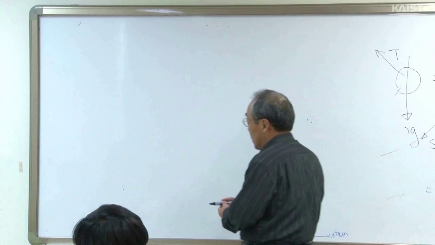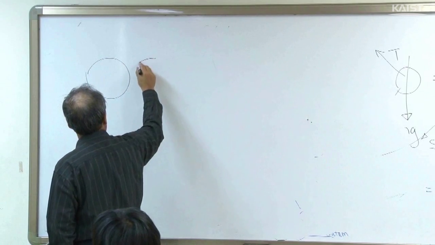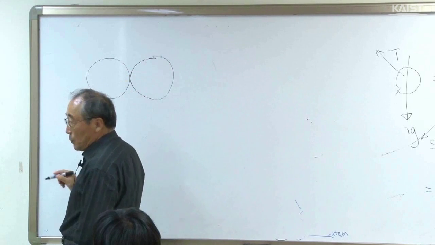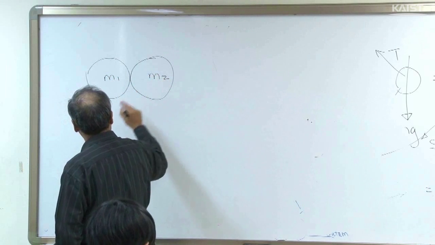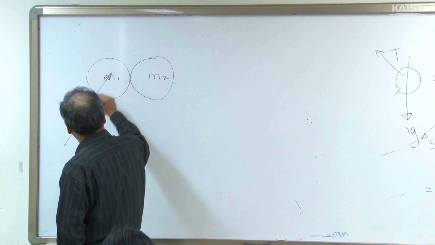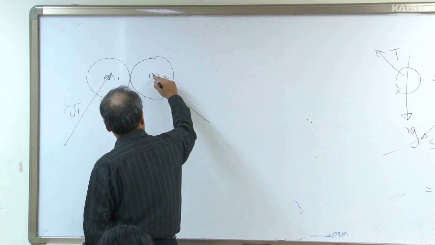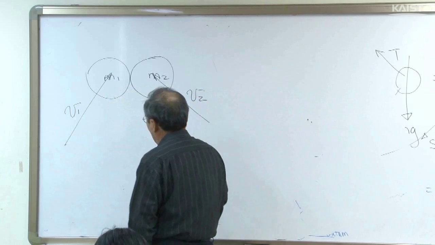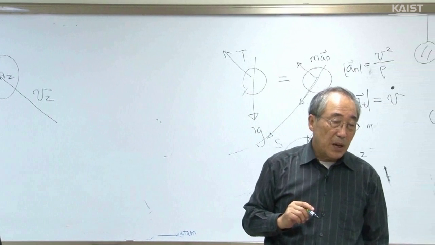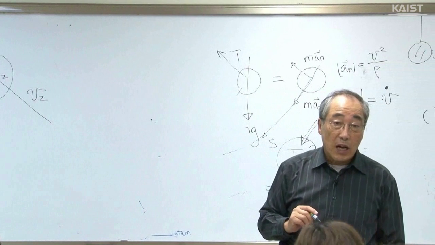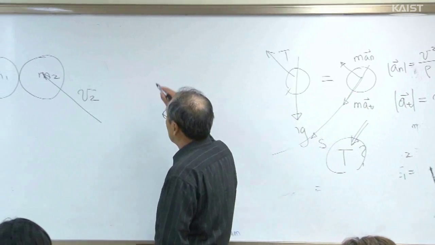Or, before we go to another chapter, let's investigate another tip. Suppose we have two balls that have mass m1 and mass m2, and this mass is moving with velocity v1, and this mass is moving with velocity v2. And we would like to know the velocity of each mass after they collide with each other, and the coefficient of restitution e equals 1.